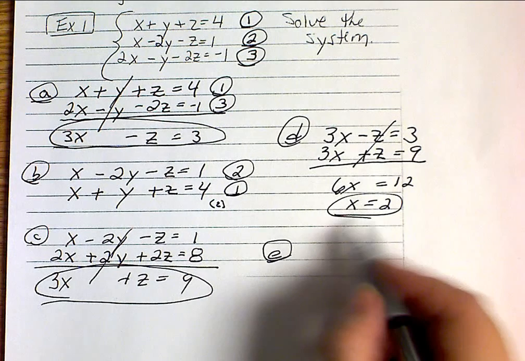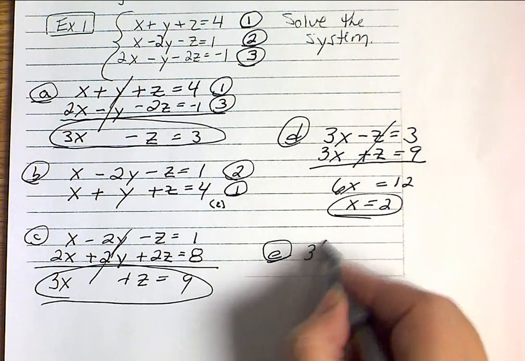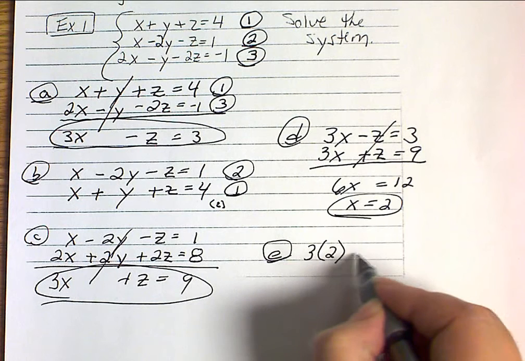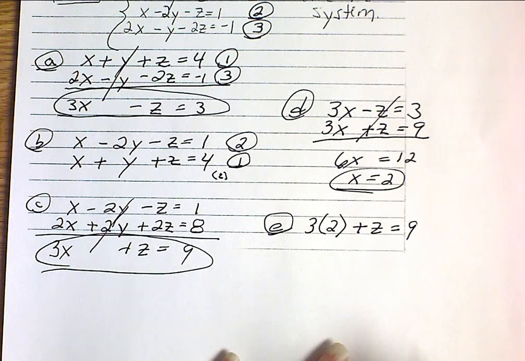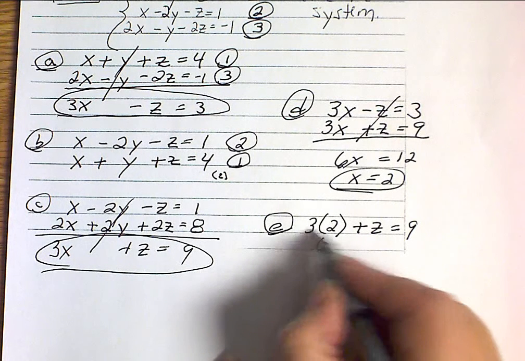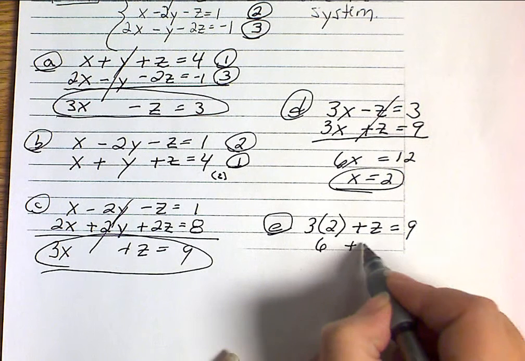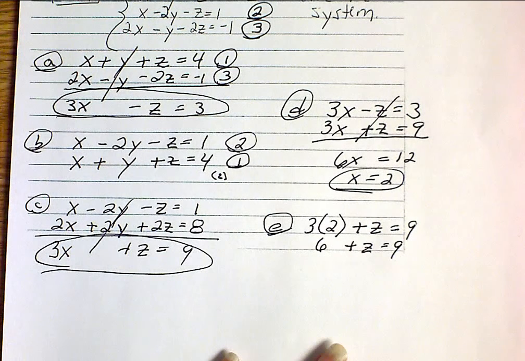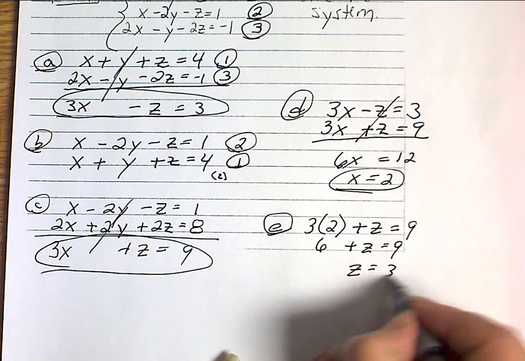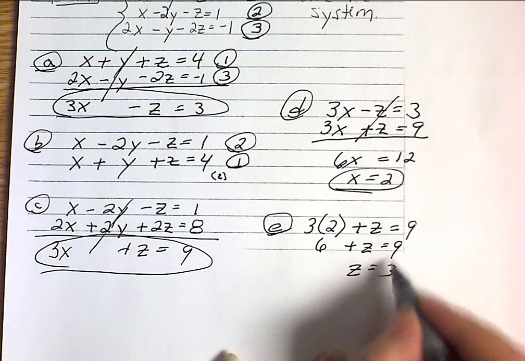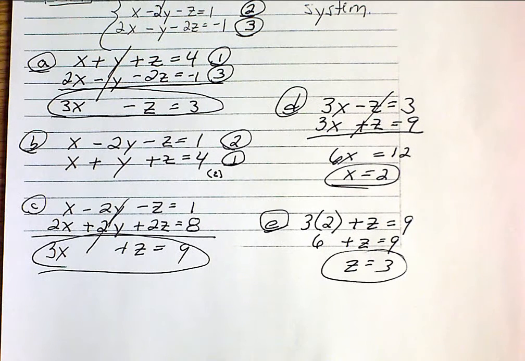So we have 3 times 2 plus z is equal to 9. 3 times 2 is 6, plus z is equal to 9. Z is equal to 3. If you didn't see that, you'd subtract 6 from both sides. Z is 3. How are we going to find out what y is?